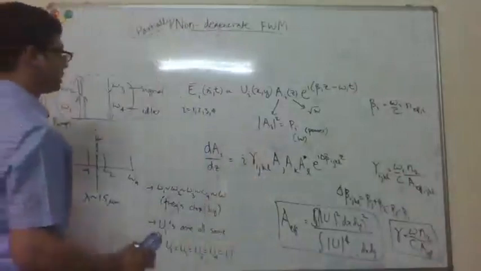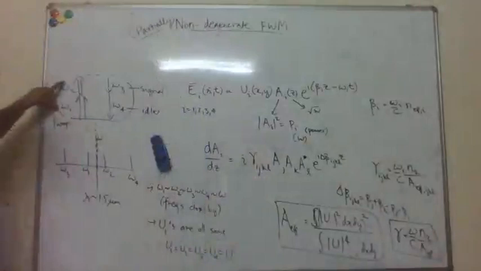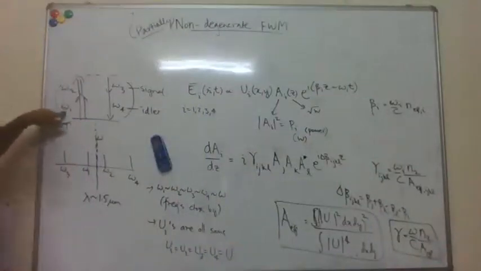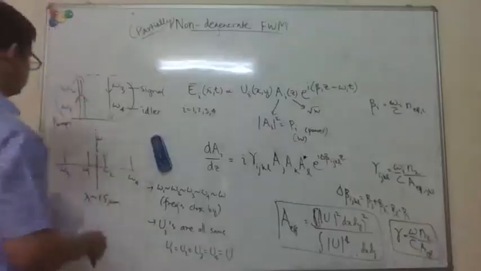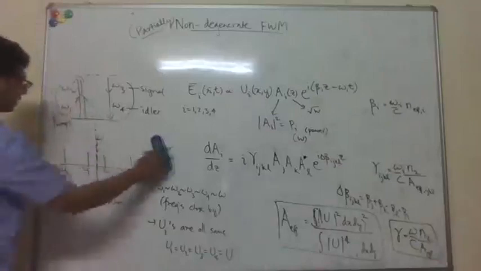Okay. So let's look at a common case where basically the pump or the two pumps come from the same beam. So omega 1 is equal to omega 2. So basically there's actually only one pump beam.